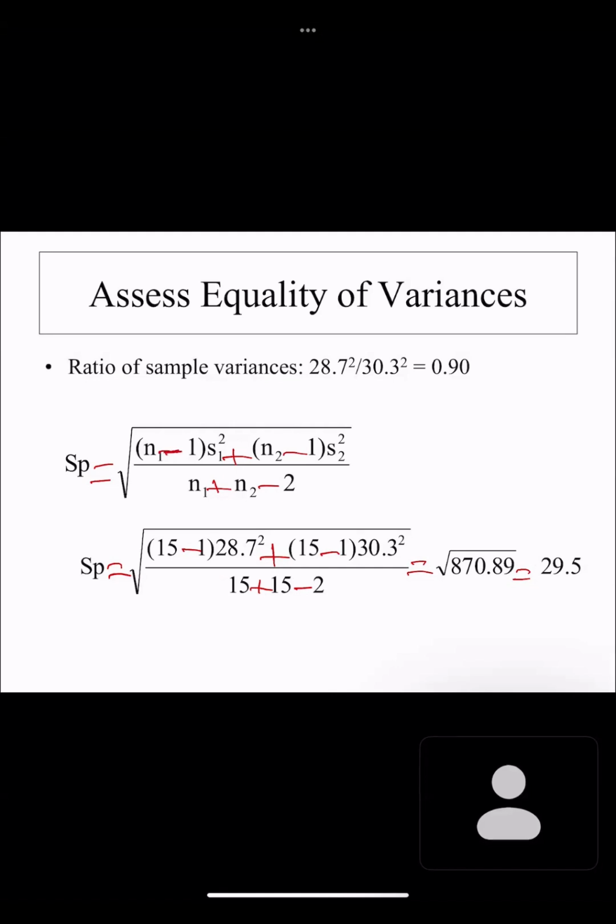Okay, so the ratio of sample variances. Do you recall how we test whether the variances are equal? Anyone? From the confidence interval? It has to be between 0.5 and 2.